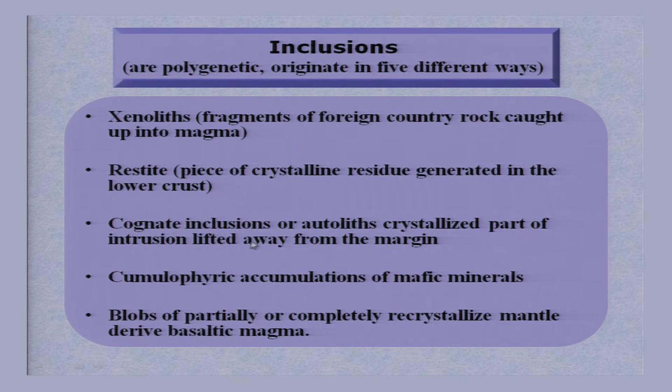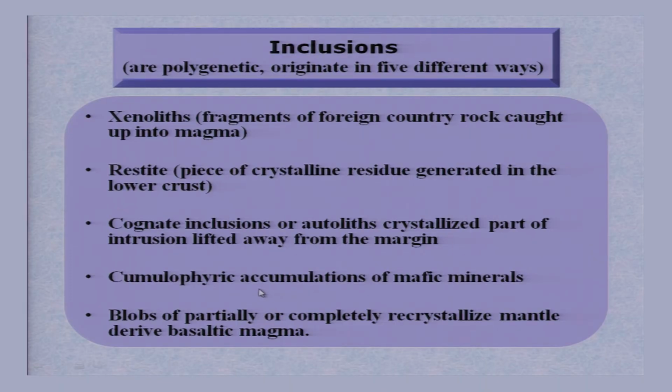Another variety is cognate inclusion, or autoliths: the crystallized marginal portions of the body that have been lifted away. The next variety is cumulophyric accumulation, a clumping of mafic minerals at one place. Mafic minerals form at greater depth in a larger size. When cooling and crystallization take place at great depths, large crystals are formed.